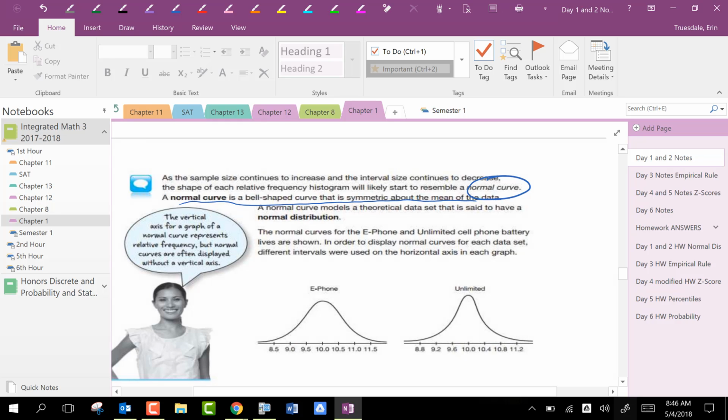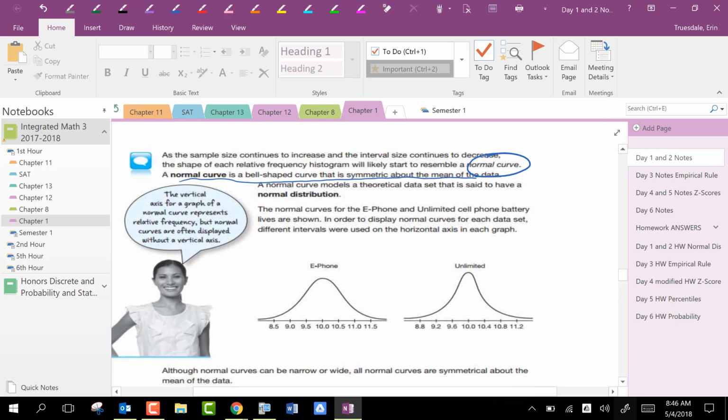Okay, the normal curves for ePhone and unlimited cell phone battery lives are shown. In order to display a normal curve for each data set, different intervals were used on the horizontal axis in each graph. It says the vertical axis of the graph and the normal curve represents relative frequency, but normal curves are often displayed without vertical axis.